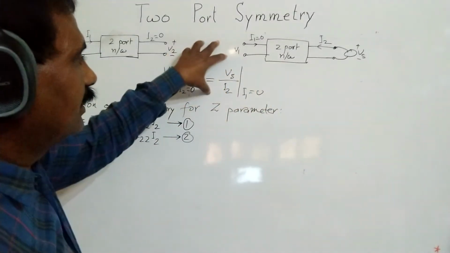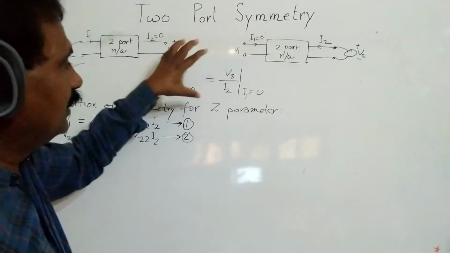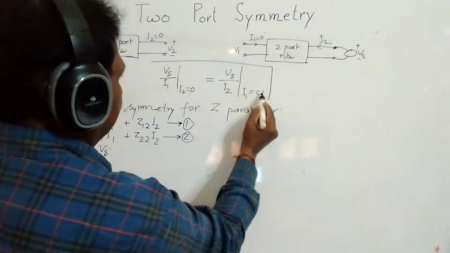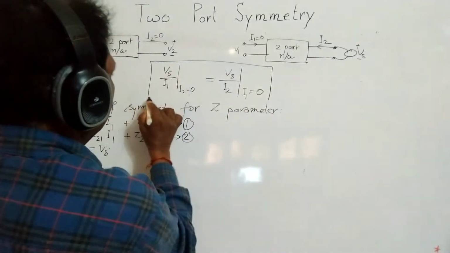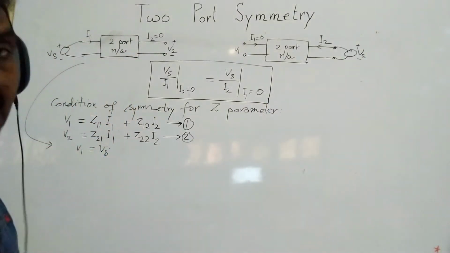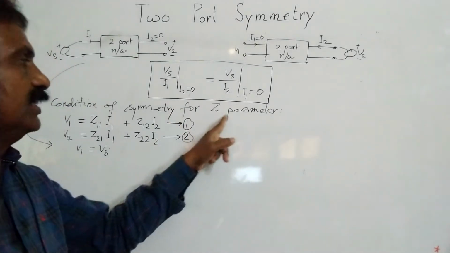Generally, this was the concept of symmetry for two-port network. This is the concept behind two-port symmetry. And now we have to find out the condition for symmetry of Z parameter.